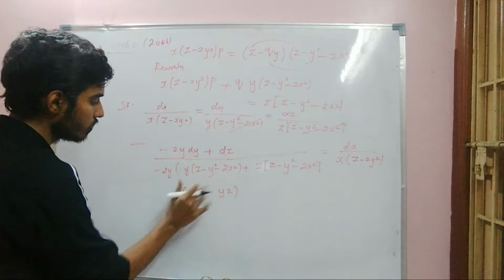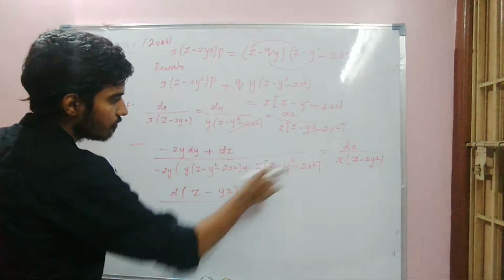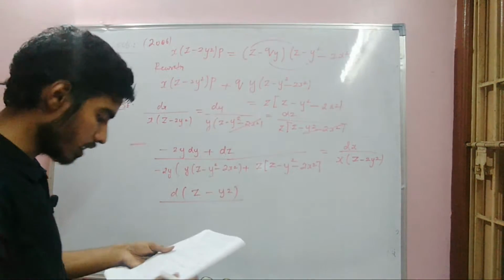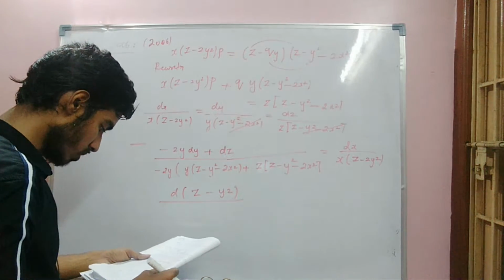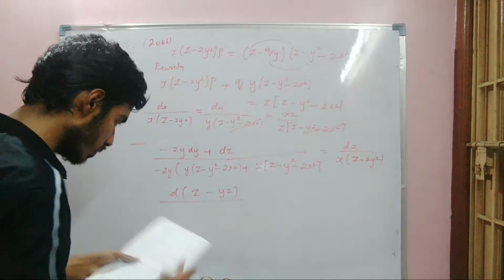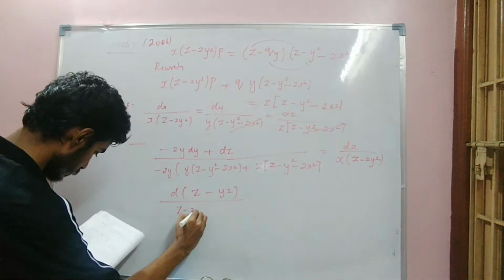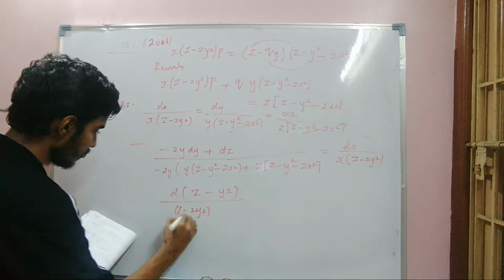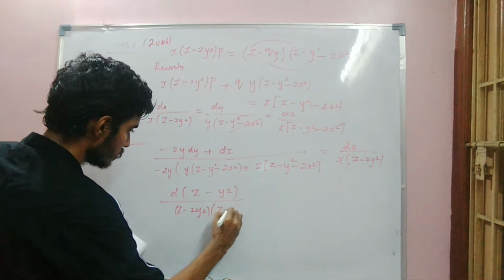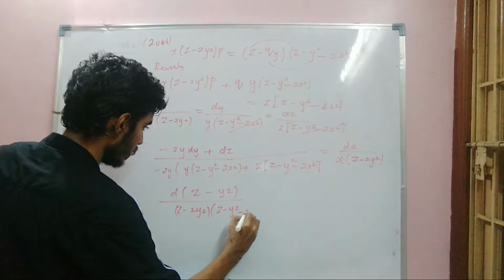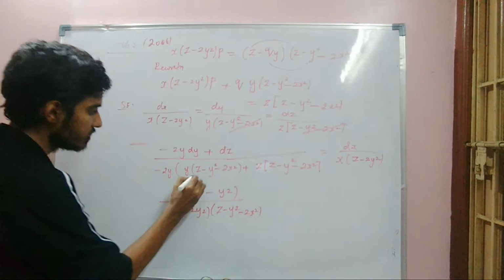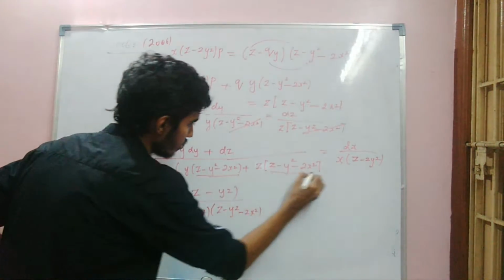So I can write the numerator to be like this, and when you simplify and cancel the like terms, in the denominator you are going to have z minus 2y square, z minus y square minus 2x square. That's it, right. I am just taking z minus y square common.